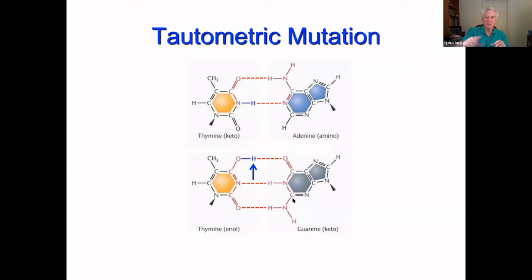And this is true, I show it here for the T, but all of the others have the equivalent property that they can easily mutate. This is called a tautomeric mutation. The simplest possible change in the molecule will result in a different genetic code than the original molecular form.